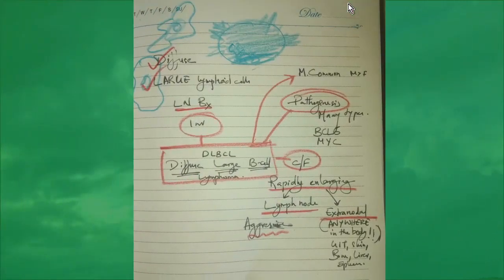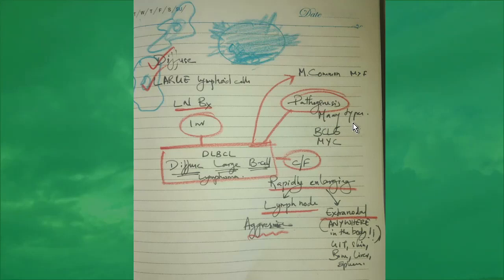Next is diffuse large B cell lymphoma. The name itself explains what exactly it is. It's very aggressive. It is the most aggressive B cell lymphoma. It is pretty common, probably the most common lymphoma out there, and more common in males. There are many types of DLBCL.